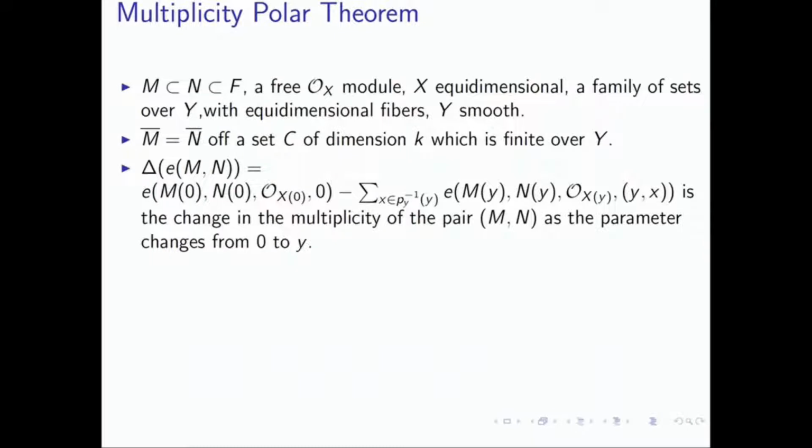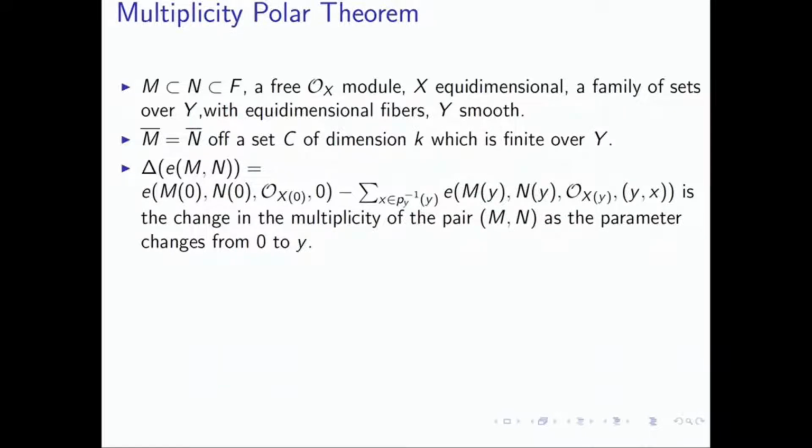All right, now we have the change in the multiplicity. I want to look at the multiplicity in the fiber over 0 first, and then subtract off what looks like an infinite sum, but it really isn't. The reason this is a finite sum is because these two have the same integral closure, except at a finite number of points at most. So this infinite sum boils down to just the sum over the finite number of points where it's non-zero.